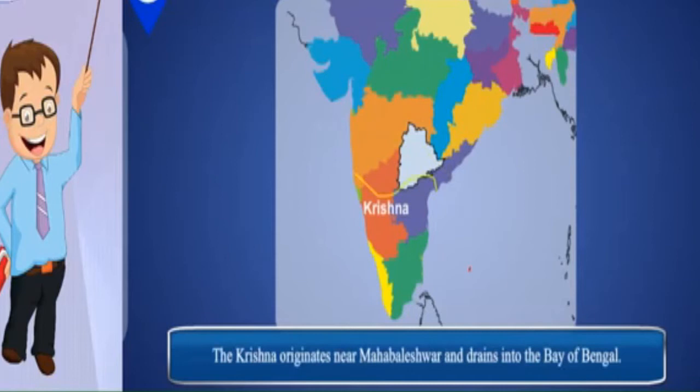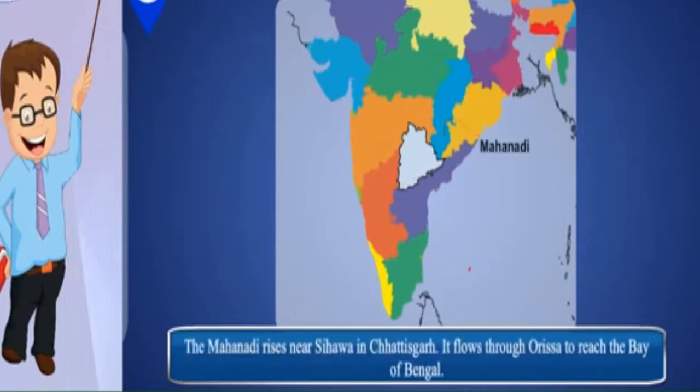The Krishna originates near Mahabaleshwar and drains into the Bay of Bengal. It is the second largest east-flowing peninsular river. The Mahanadi rises near Sihawa in Chhattisgarh. It flows through Orissa to reach the Bay of Bengal.